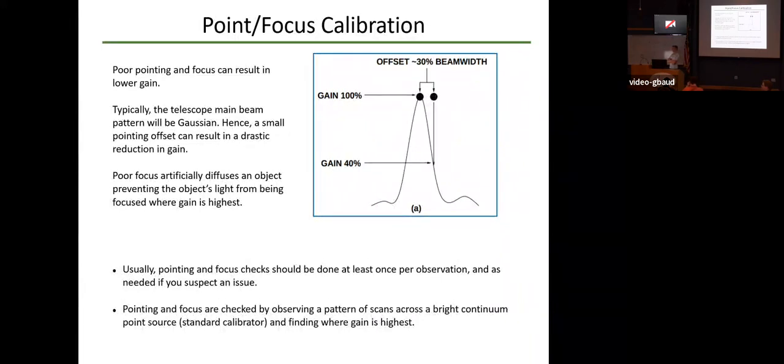The subreflector is being moved around to maintain both the focus and the pointing of the telescope. And then we have other models on top of that to correct for the pointing. There are 6 different axes for the subreflector.